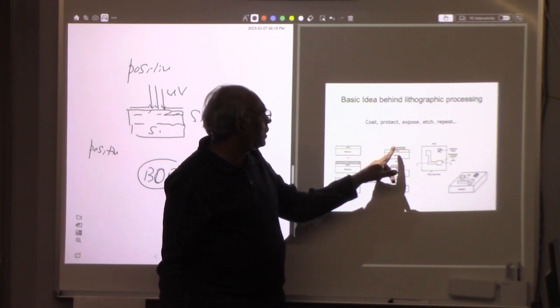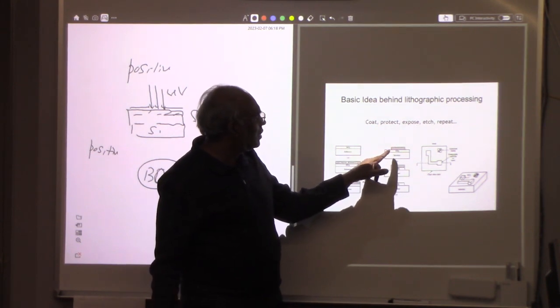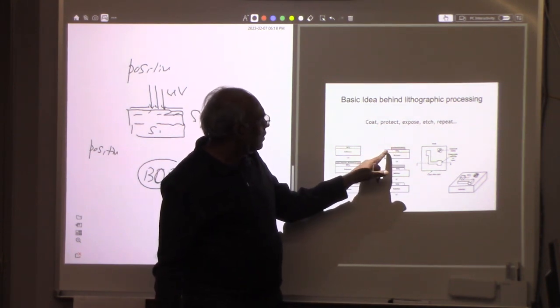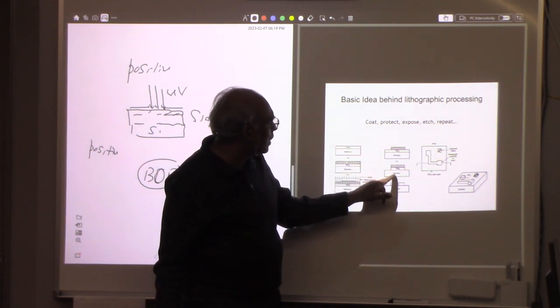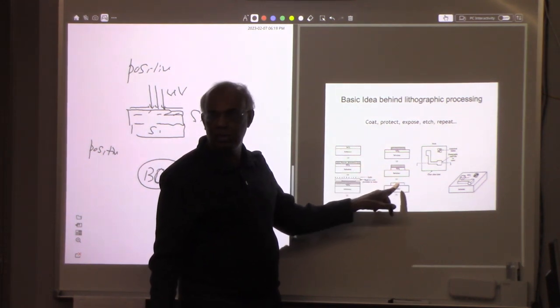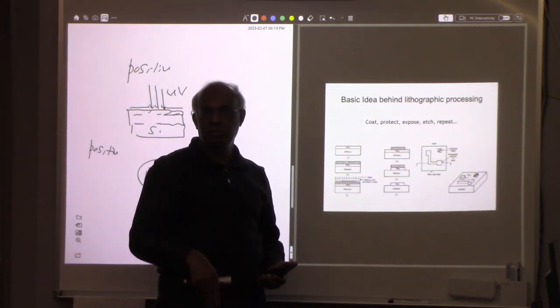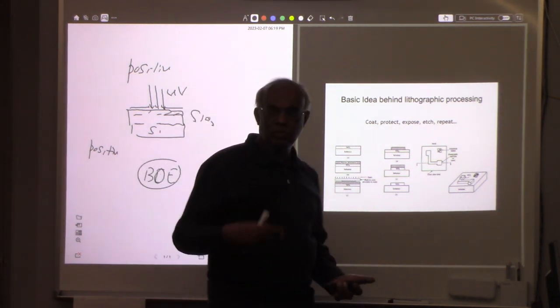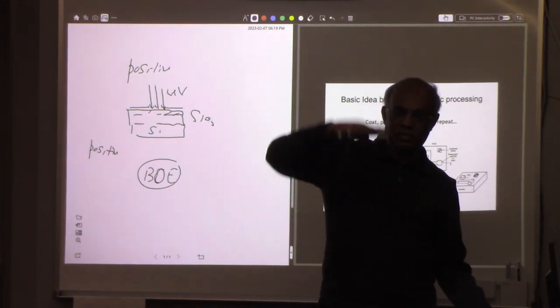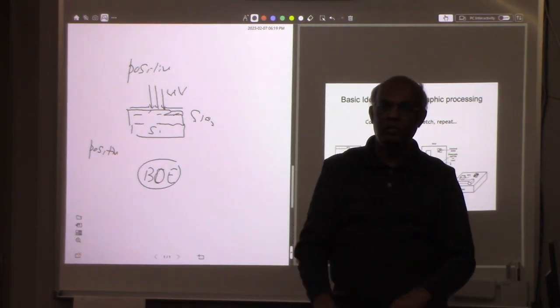Now if I put it in the etchant solution, that part will remain and this part will be etched out. That means you have the pattern carved into the substrate. That's how you make something sitting on the surface or down into the surface.